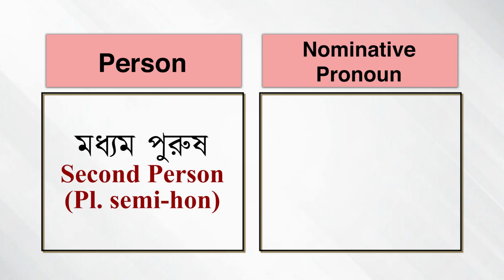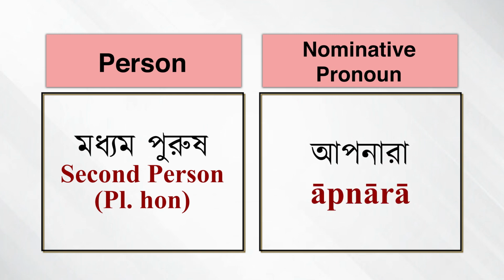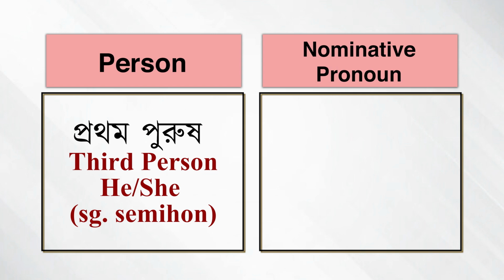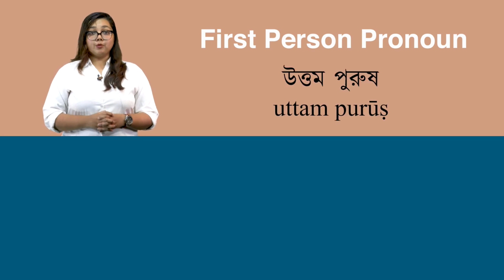Modham Purush, second person plural semi-honorific, Tomra. Modham Purush, second person singular honorific, Apni. Modham Purush, second person plural honorific, Apnara. Pratham Purush, third person singular semi-honorific, She. Pratham Purush, third person plural semi-honorific, Tara. Pratham Purush, third person singular honorific, Tini. Pratham Purush, third person plural honorific, Tara.